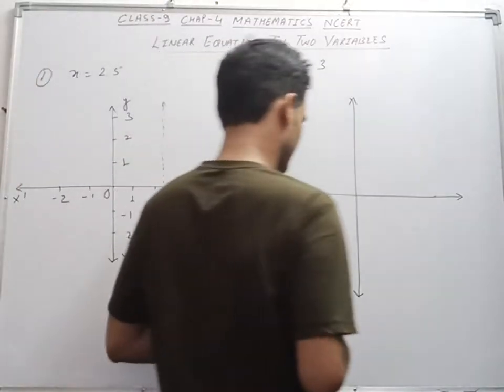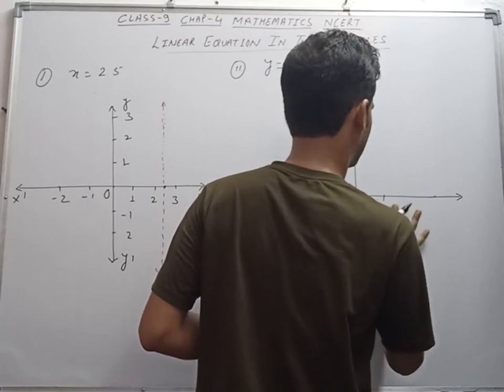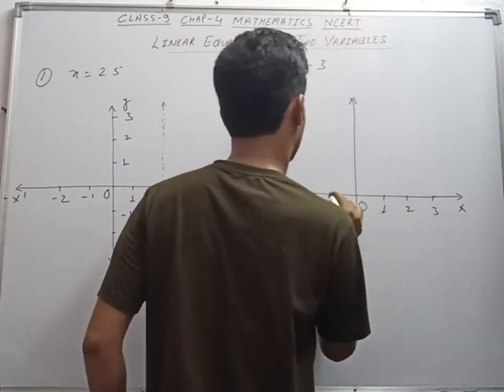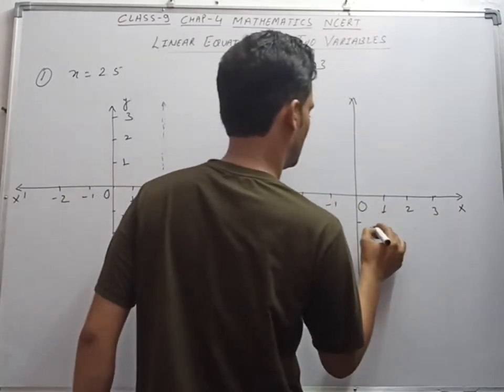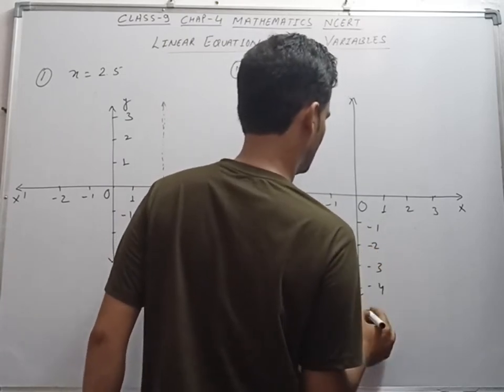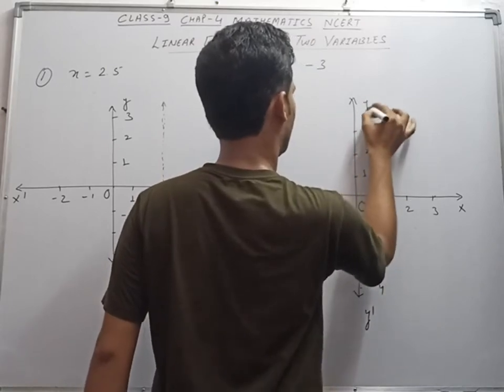And here again 0, 1, 2, 3 on x, minus 1, minus 2, minus 3 on x dash, minus 1, minus 2, minus 3, minus 4 on y dash, 1, 2, 3 on y only.